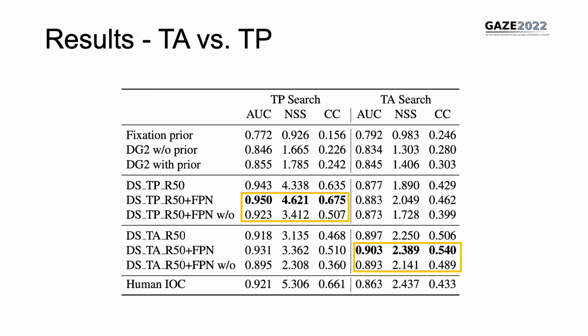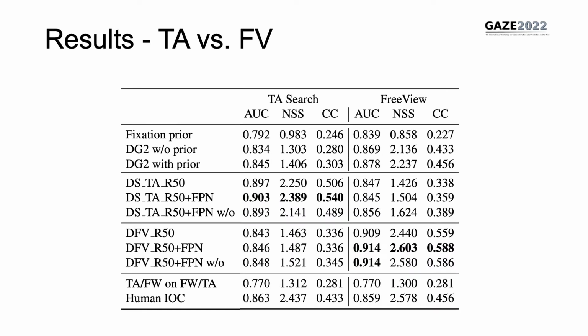We then additionally trained TA and TP models without target labels and found a performance drop in both the TP and TA models. We again compared the models between TA and free viewing. Both DFV and DG2 predicted free viewing fixations quite well.